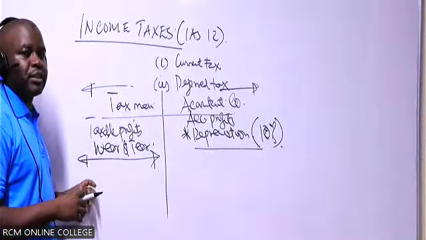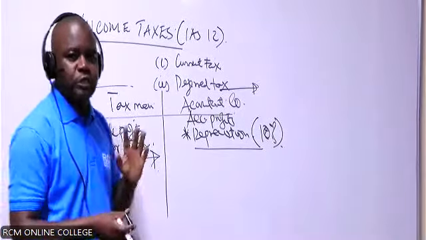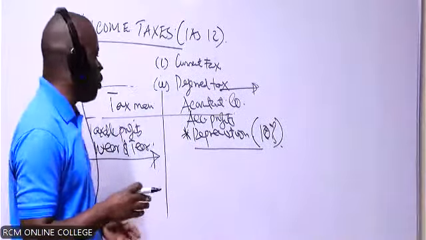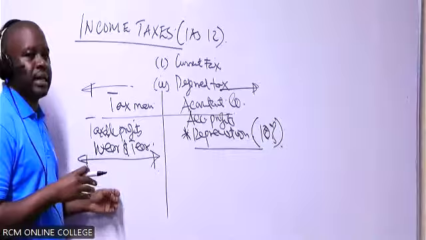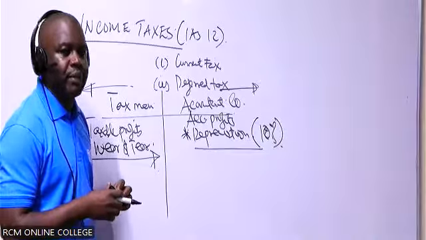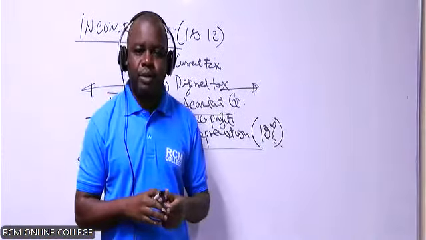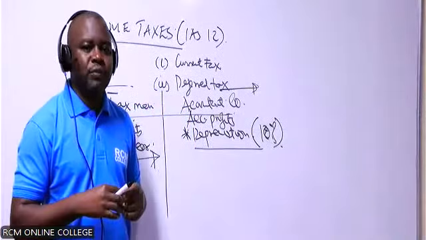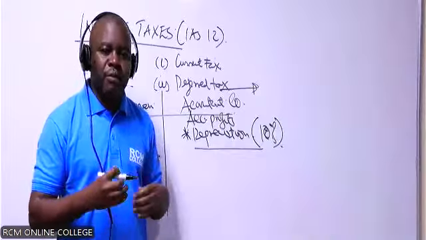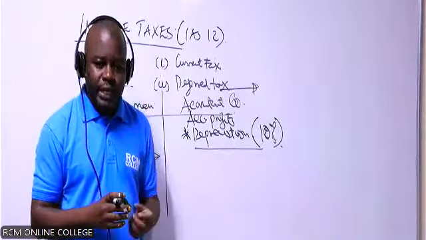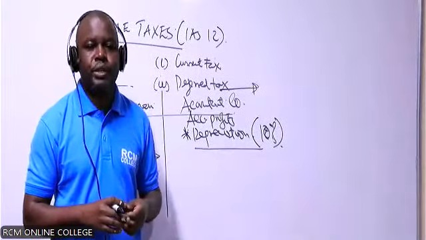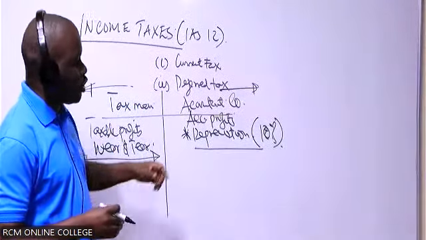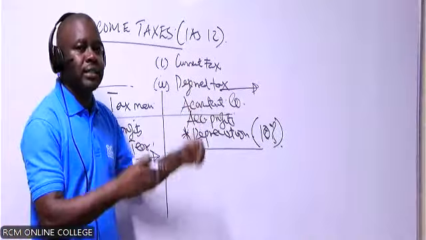And therefore, it normally brings about differences in how the accounting profits are determined and how the taxman's profits are determined. These differences, we give them a special name under IAS 12. We call them temporary differences. As a result of these temporary differences, some of the tax that was to be settled today might not end up being settled by the company. It will be settled in future. And this tax, we normally call the deferred tax.